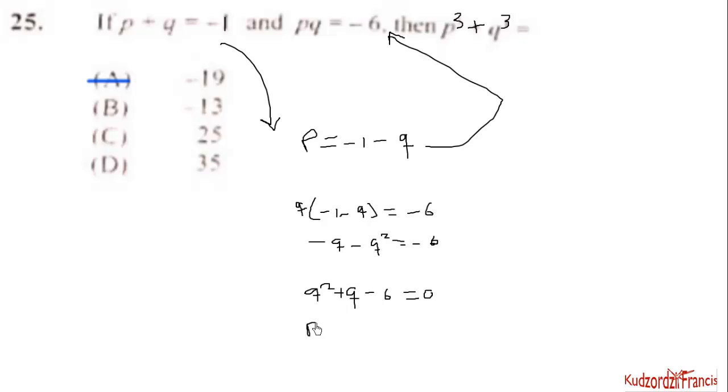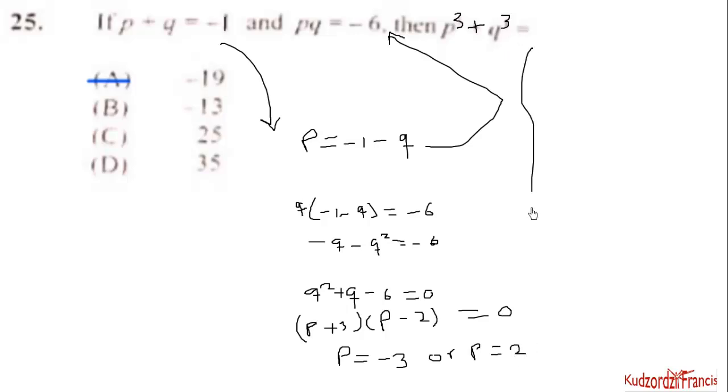So we have the factors to be p plus 3, p minus 2 is equal to 0. So this tells us that either p is equal to -3 or p is equal to 2.